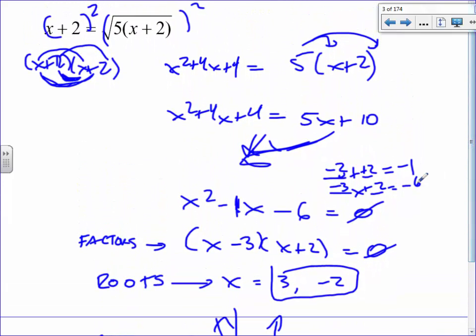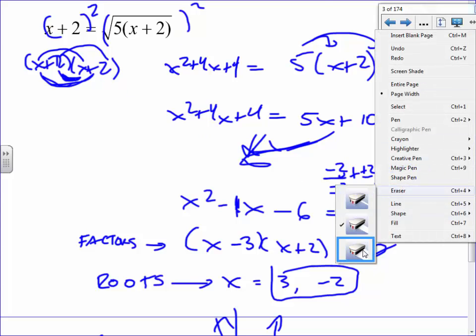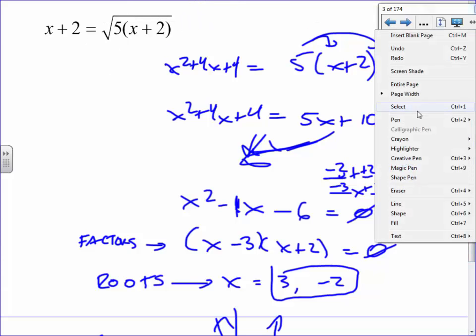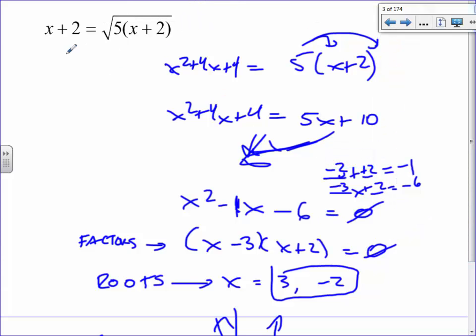So we should always check our work. Let's just see how this works here. If I throw in the value of -2, for example, -2 goes right there. Then this side would be 0, right? If I put in -2 right here, then this would be 0, and then 5 times 0 would be 0. So it looks like -2 probably works.